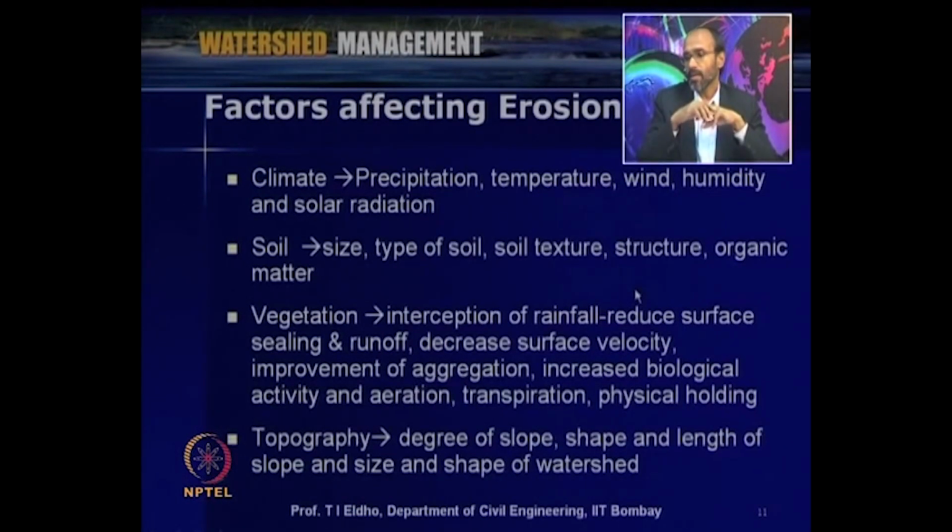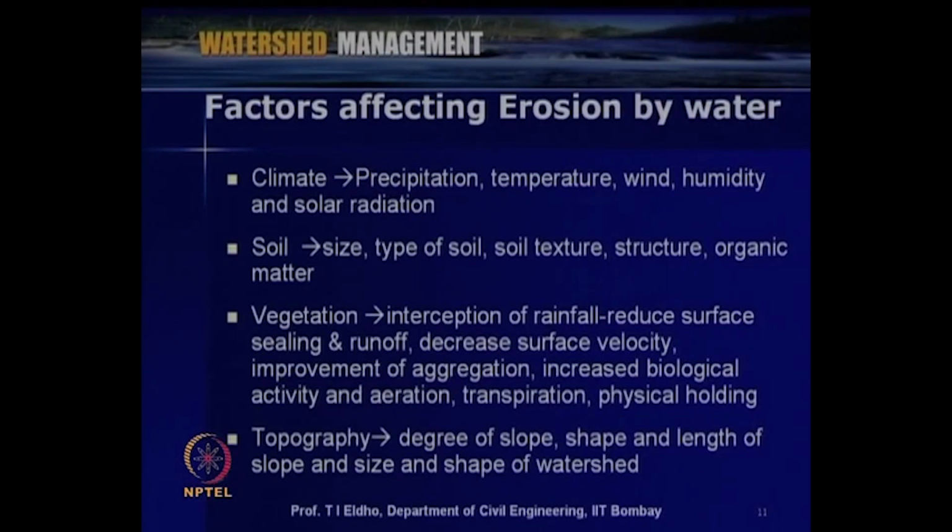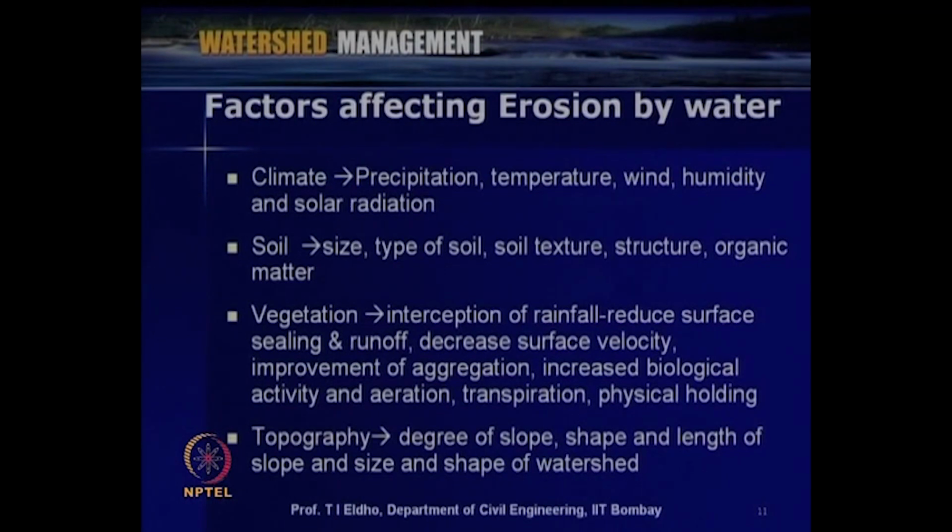Now, as far as water erosion is concerned, let us see what are the important factors which affect the soil erosion. We have already seen these factors earlier, but now we are critically analyzing them with respect to water. Climate is one of the important components, like the various processes taking place: precipitation, then temperature, wind, humidity and solar radiation.